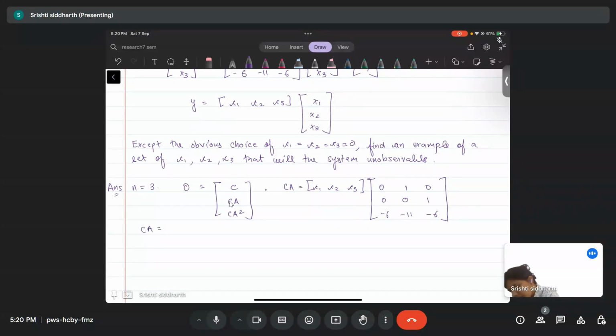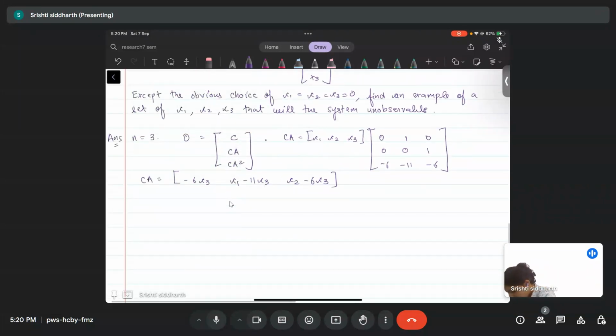So CA is simply: first one is minus 6 C3, then we have C1 minus 11 C3 and C2 minus 6 C3. Let's check this again. This is C1 minus 11 C3 and then C2 minus 6 C3.